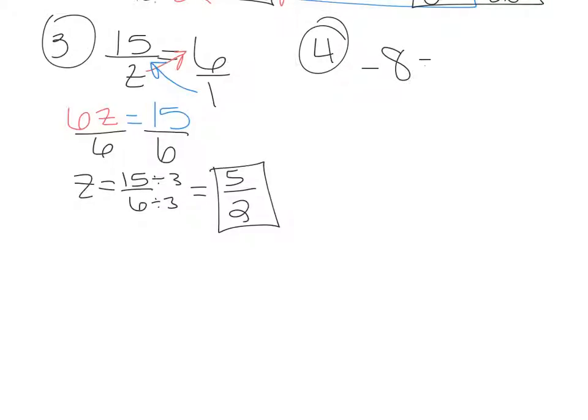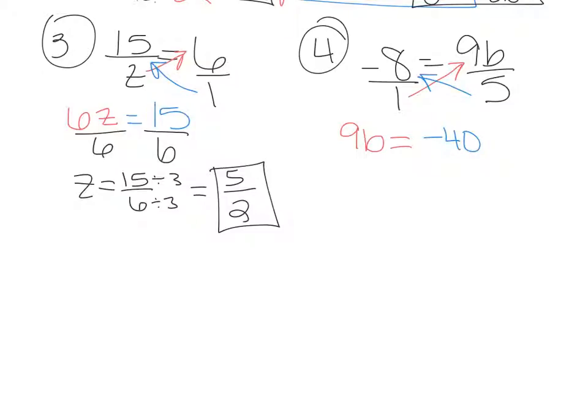Negative 8 equals 9b over 5. Once again, do I have a ratio? What would I do to make it a ratio? Right, negative 8 over 1. And then we can multiply up and across. 1 times 9b gives me 9b. 5 times that negative 8 gives me negative 40.